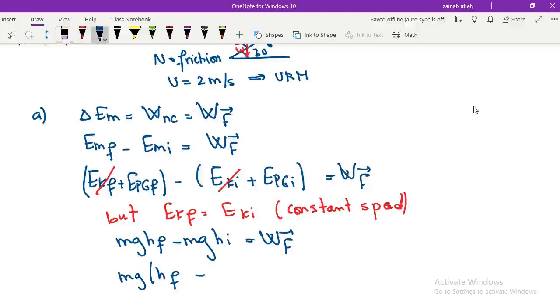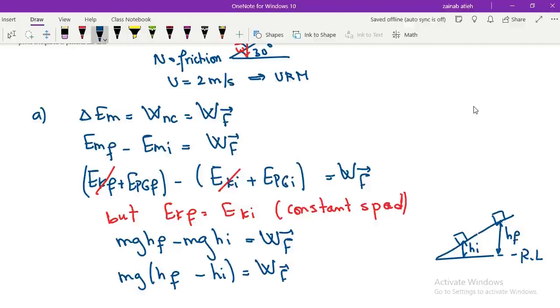I've taken mg common, equals the work of F. If I look here, I'm taking my reference here, this is my reference level, so this is h initial and it's going upward, so this is h final. So h final minus h initial is in reality the difference in heights.